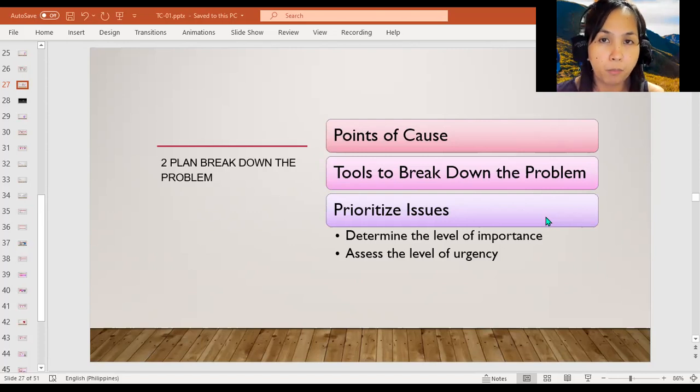Will it stay the same or get worse? And once you and your team have prioritized the problems or issues you're addressing, you've accomplished the primary objective of this second step, and are now ready to move on to step 3 of the practical problem solving process. And this one we'll cover in the next video.